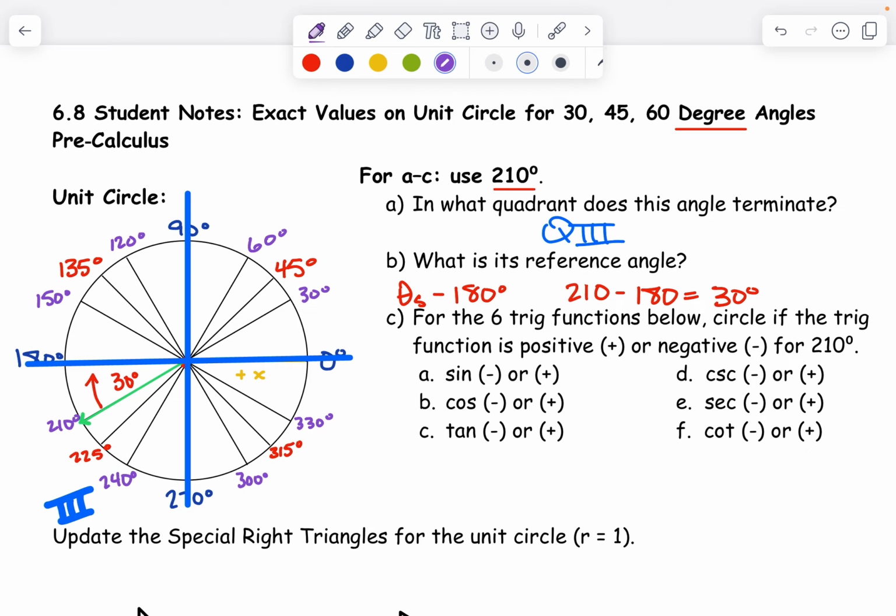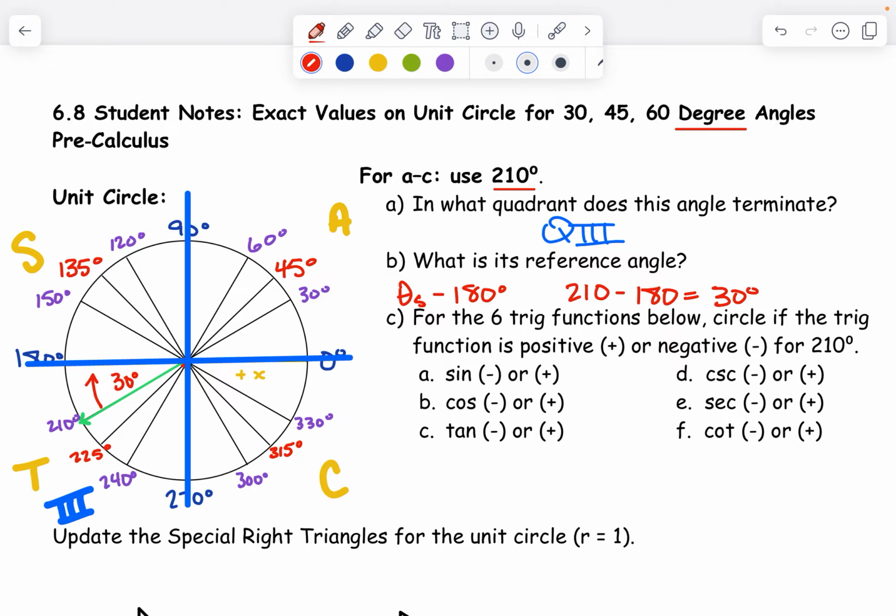And now, lastly, it says, for the 6 trig functions, circle if it's positive or negative. So this is where we need to remember our mnemonic, all students take calculus.